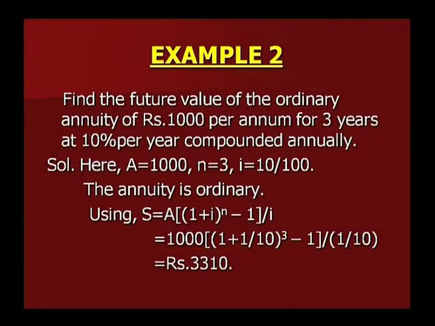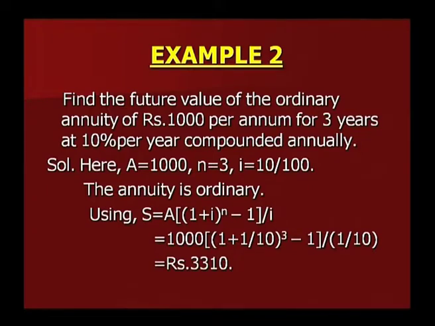Example 2. Find the future value of ordinary annuity of rupees 1000 per annum for 3 years at 10% per year compounded annually. Here A is equal to 1000, n is equal to 3, I is equal to 10 upon 100. The annuity is ordinary.